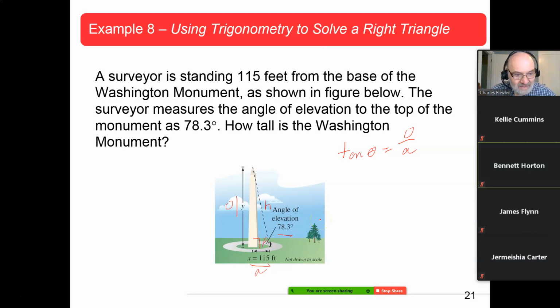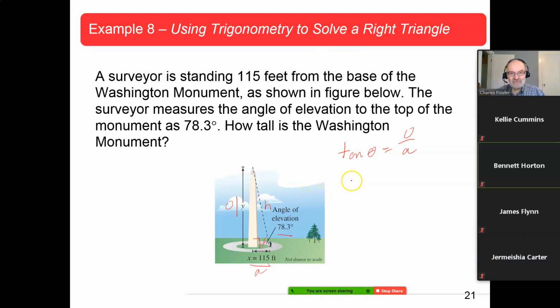This was back well before the trig identities, at the bottom of page 277, the first page in this section. Tangent theta is opposite over adjacent.